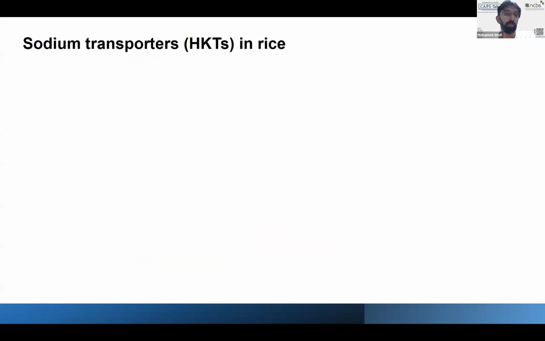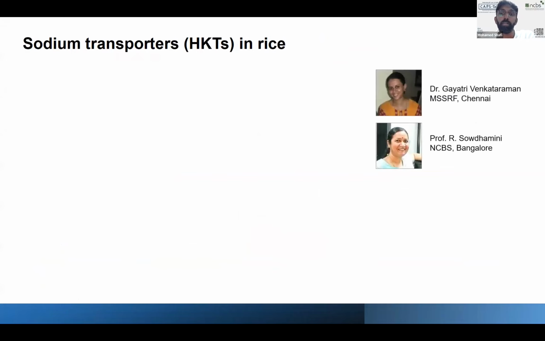Now we will move to the third story from today's talk, that is sodium transporters in rice species. This work started from Dr. Gayatri Venkataraman from MSSRF Chennai. After her postdoctoral research, she continued the work, and currently she is faculty at MSSRF, and she came up with some interesting questions regarding salinity tolerance in rice species.